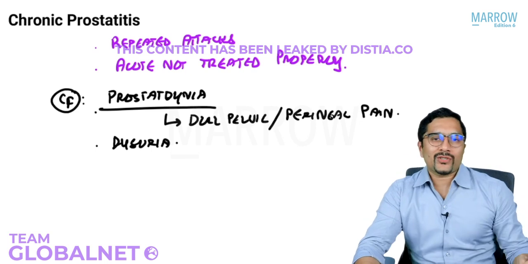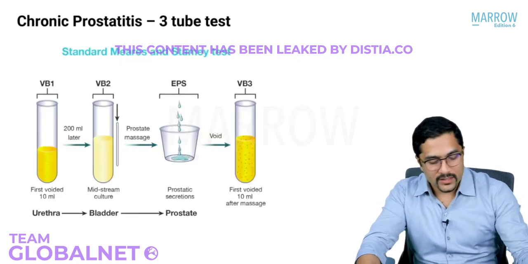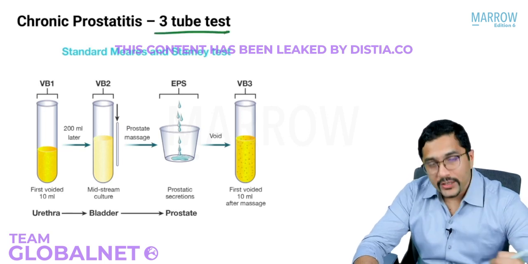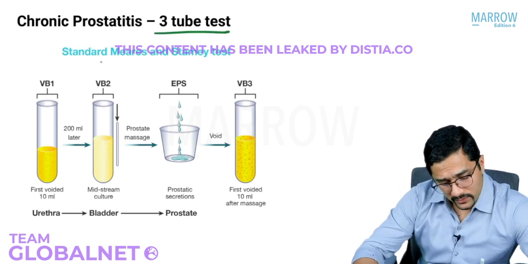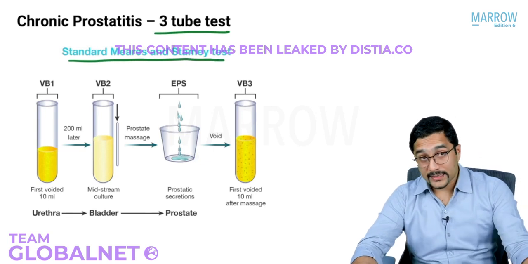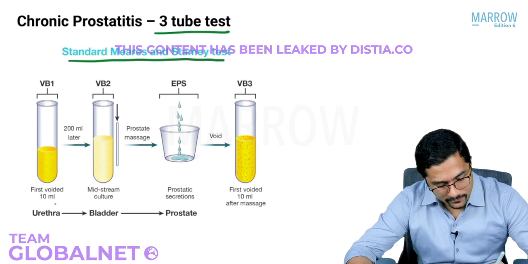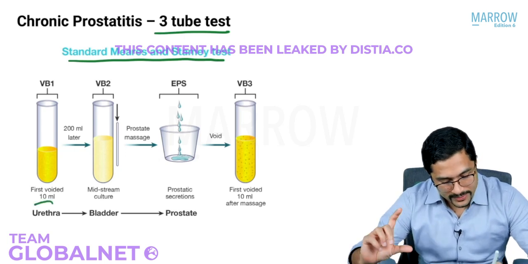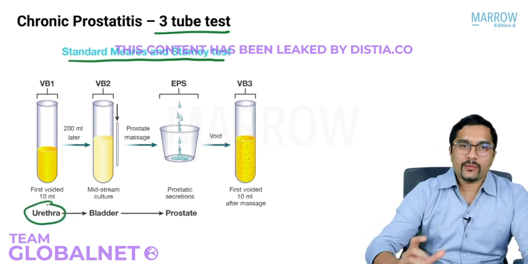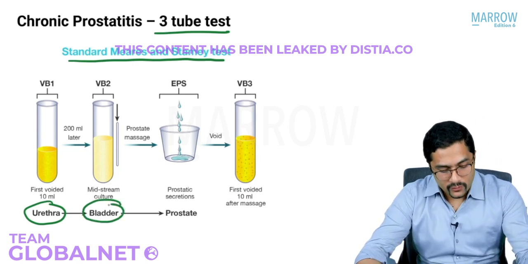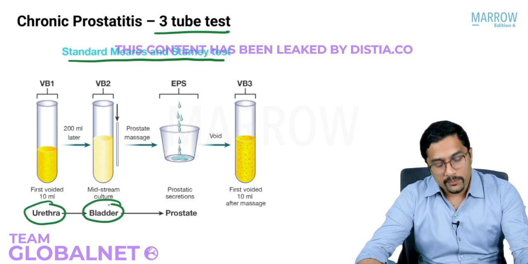To diagnose chronic prostatitis, this is again a question which has been asked in the exam, we do the 3-tube test. This is also known as the Meares and Stamey test. The first voided urine you collect in a test tube, this is coming from the urethra. The second you collect comes from the bladder.